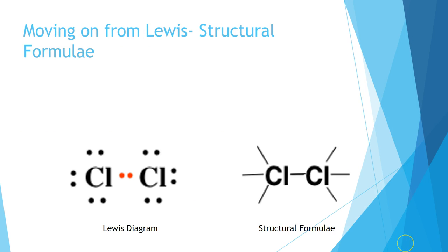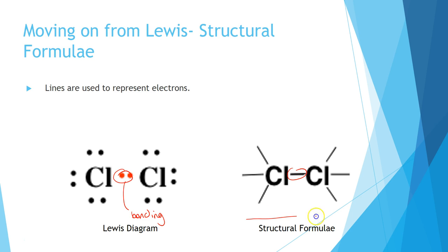So if we look at this, we now can move on to looking at structural formulae, where we have replaced the shared electrons, this bonding pair of electrons, with a line.